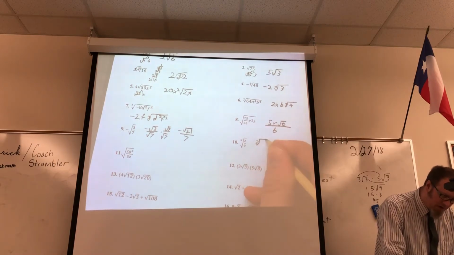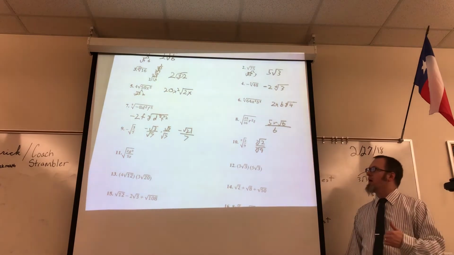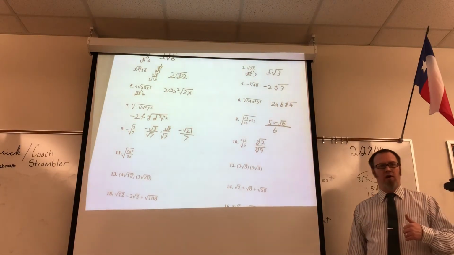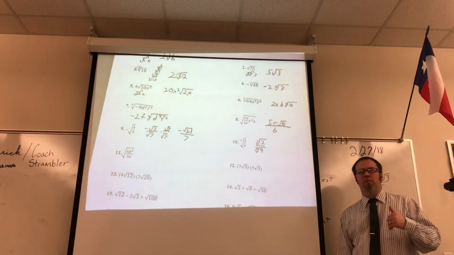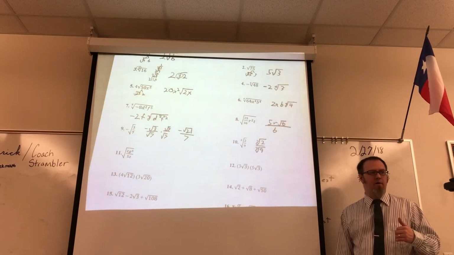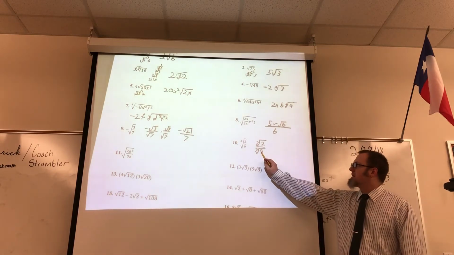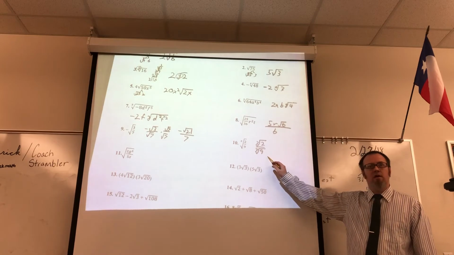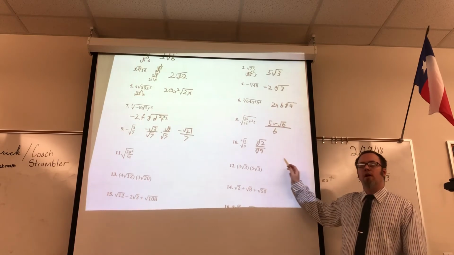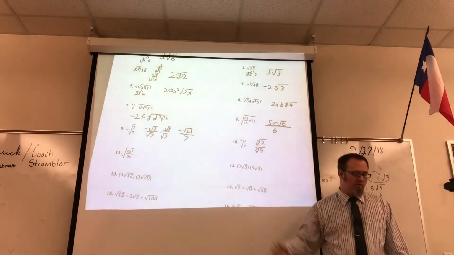On this one with the cube root, again, we can't reduce 2 over 9. So this is the cube root of 2 over the cube root of 9. I could multiply by the cube root of 9 squared to end up with 9 on the bottom, but that's not actually the smallest thing I can come out of on this one, because I could split 9 into 3 and 3. If I had one more 3, that would be a group of 3, and I could move that to the outside.